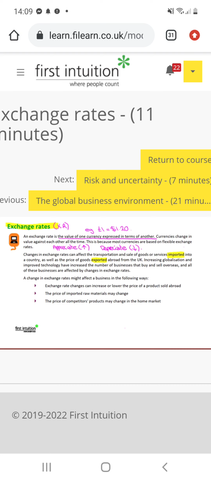Increasing globalization and improved technology have increased the number of businesses that buy and sell overseas, and all of these businesses are going to be affected by changes in exchange rates. This can be in a positive way or a negative way. A change in exchange rates might affect a business in the following ways.